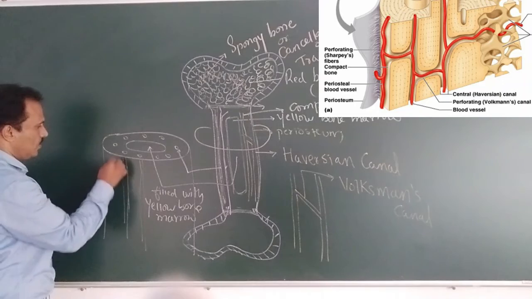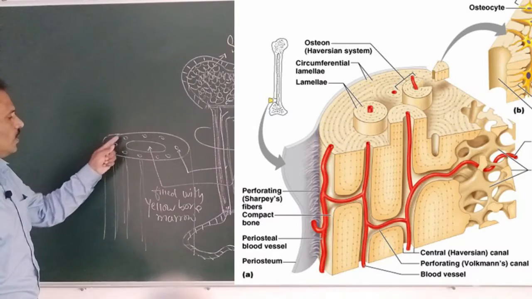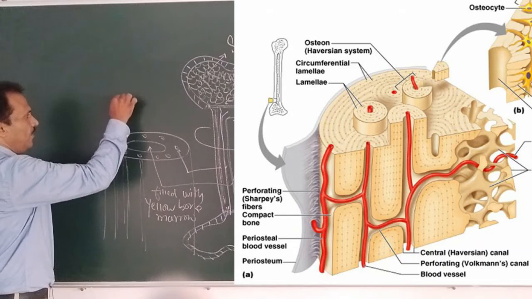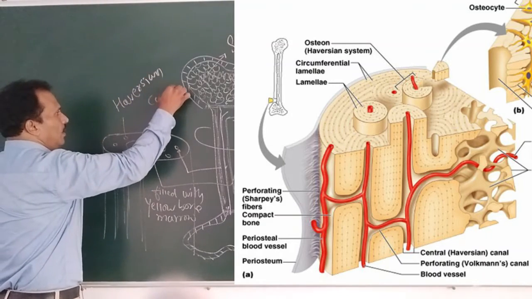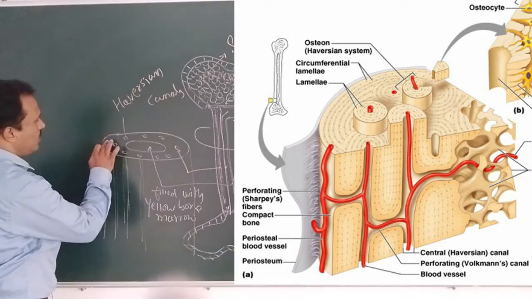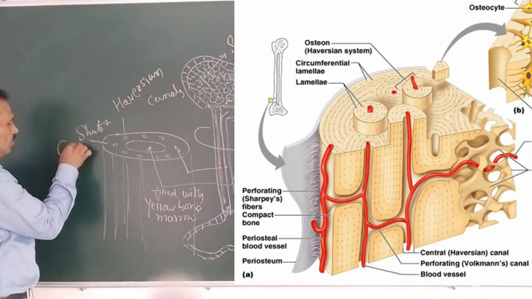So this is the extension of the canal. What are these? These are the Haversian canals. This is the shaft region of the bone, the compact bone.